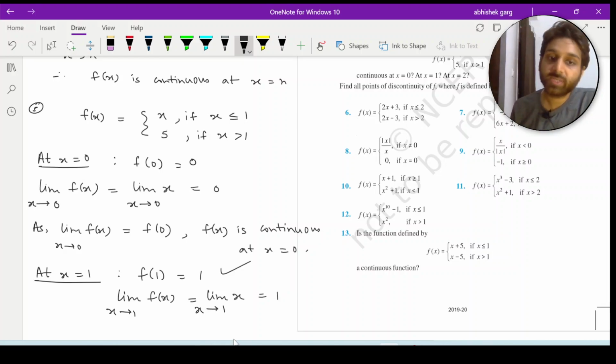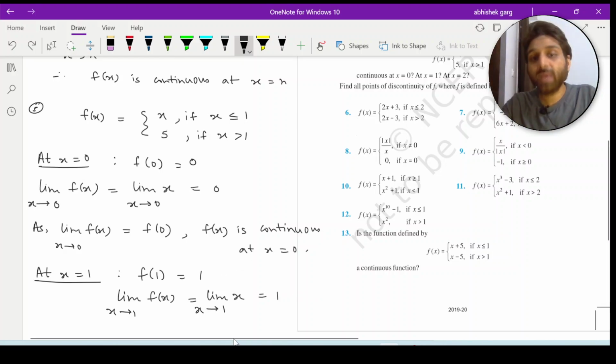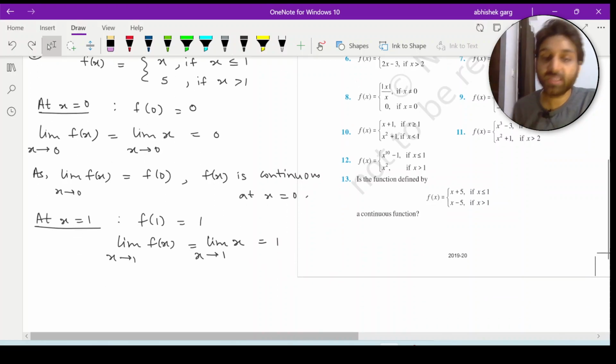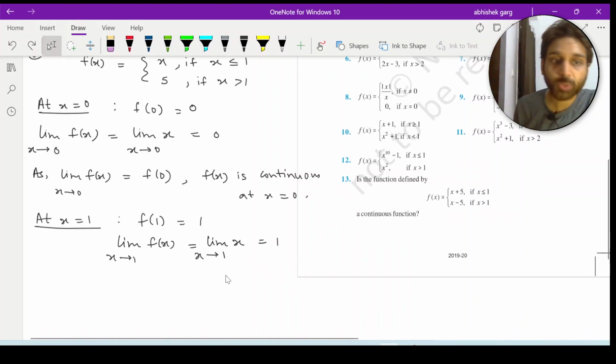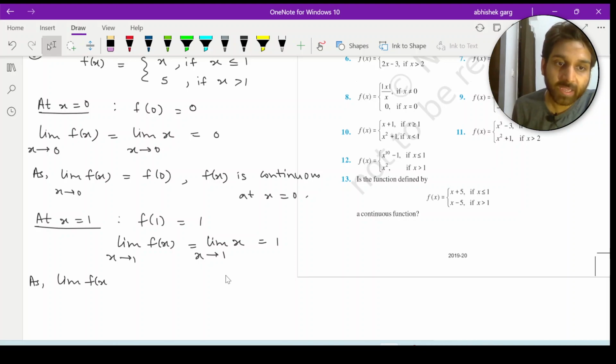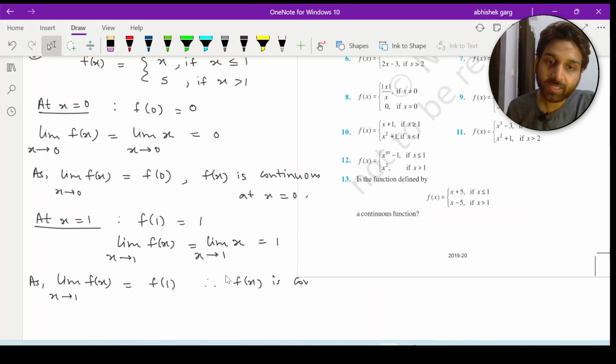So we get 1. As you can see, both of them have the same value, which means that the function is continuous at x equal to 1. So we'll write limit f(x) as x tending to 1 is equal to f(1). Therefore f(x) is continuous at x is equal to 1.